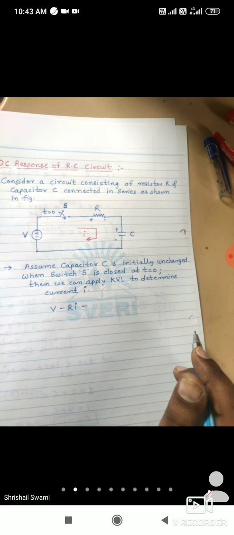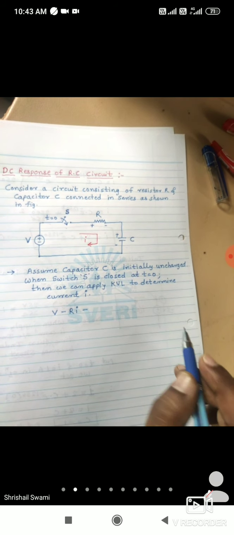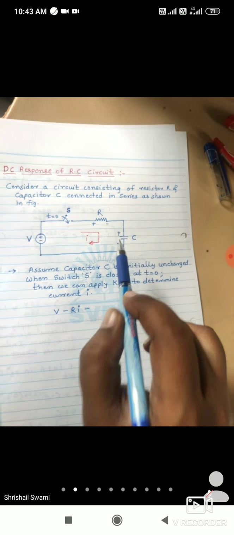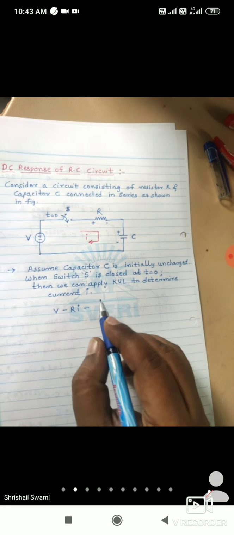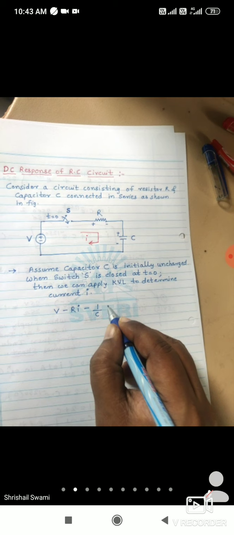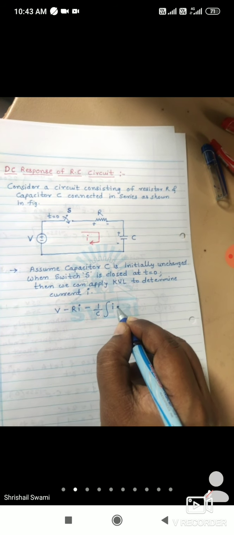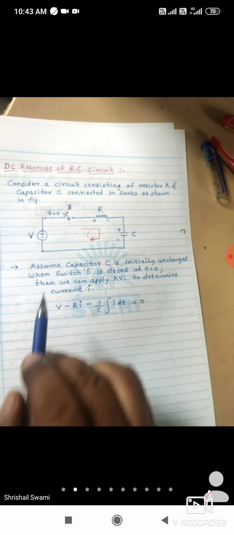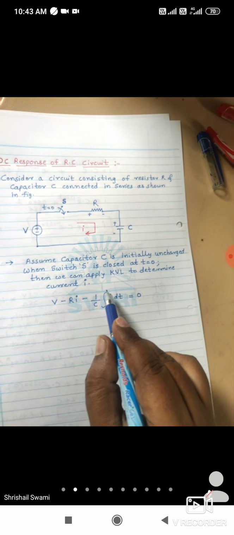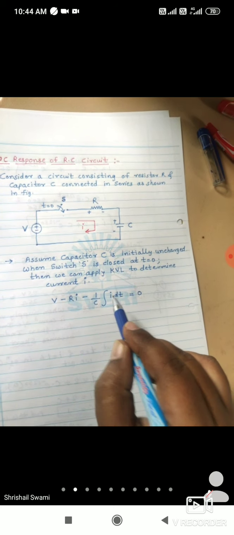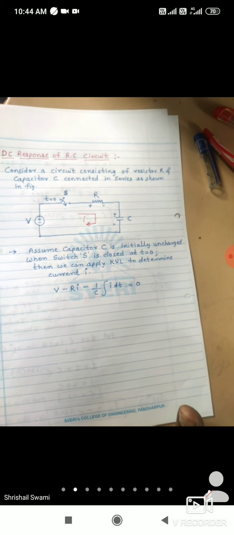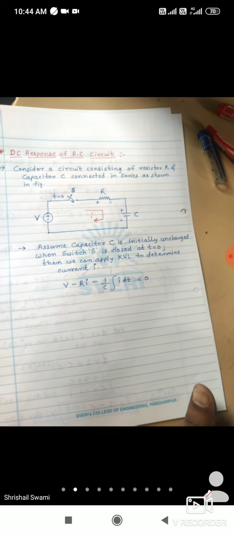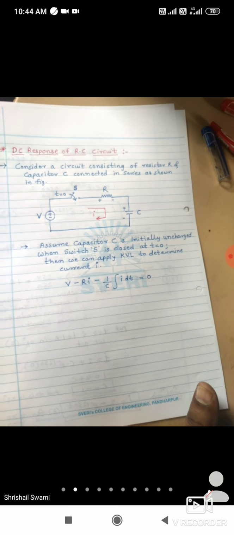If current I is flowing through the capacitor, then it will be 1 upon C integration of I with respect to t, with initial condition at t equal to 0. This is the formula of voltage across a capacitor. For an inductor it is a derivative, and for a capacitor it is an integration.